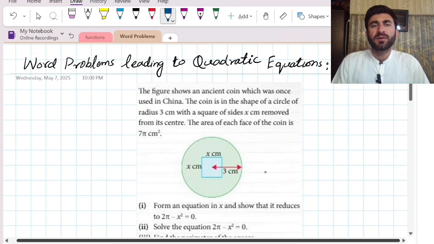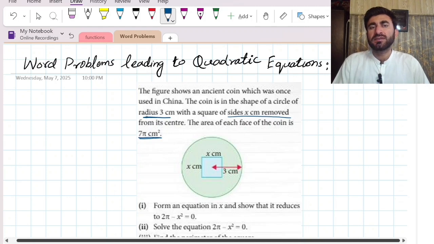The first problem we selected states: the figure shows an ancient coin which was once used in China. The coin is in the shape of a circle of radius 3 centimeter and a square of side x centimeter removed from the center. The area of each face of the coin is 7 pi centimeter square.